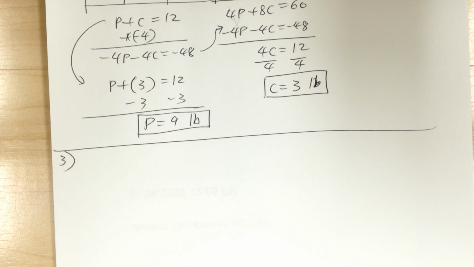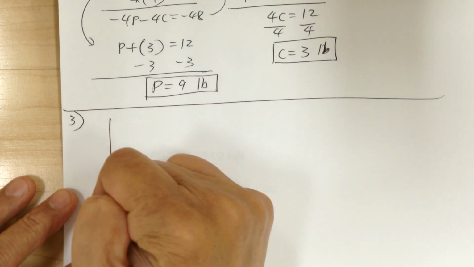Okay, number 3. So you can read through to get an idea. So this is mixing toffee and caramel. Okay, so you can mix your problem. So let's go and make a table.